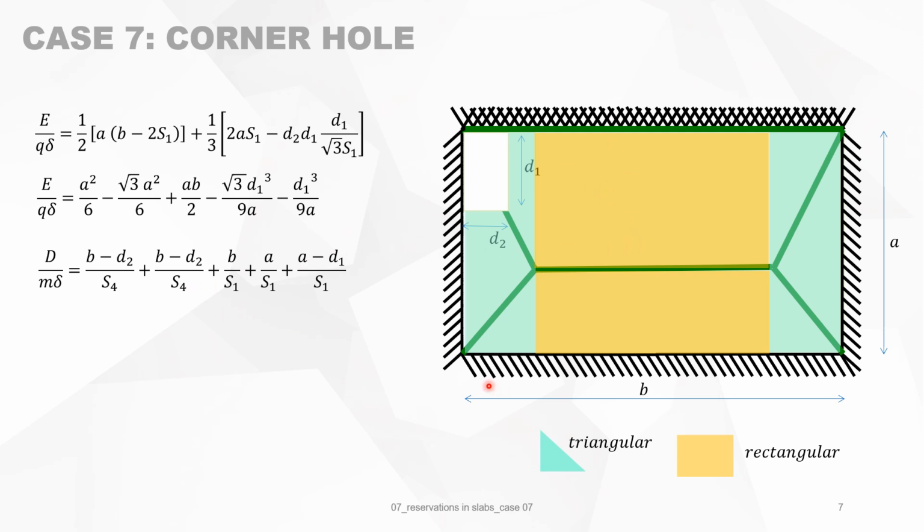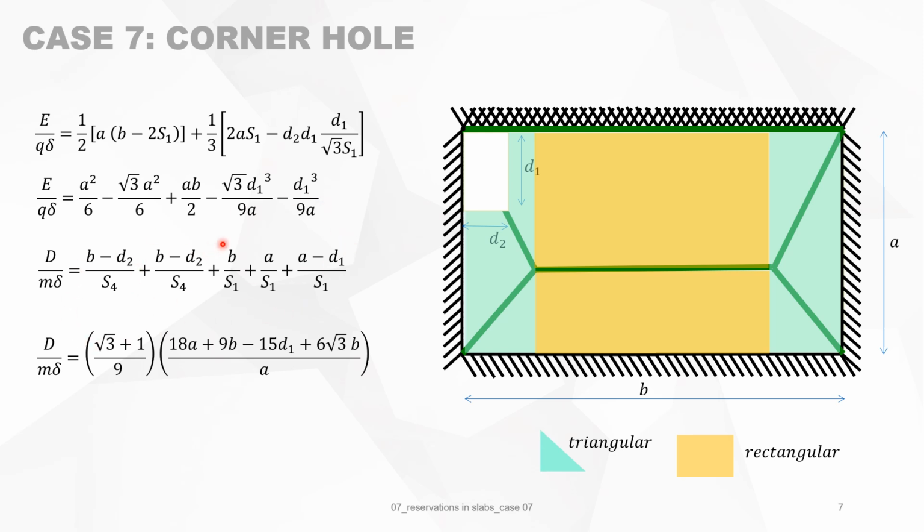Then we will look at the bottom side. This is B projected on this rotation axis, so it's B divided by S1. On the right-hand side, it's A divided by S1. And on the left-hand side, the total length of this yield line projected to the rotation axis is, of course, A minus D1, and the rotation angle is delta divided by S1.